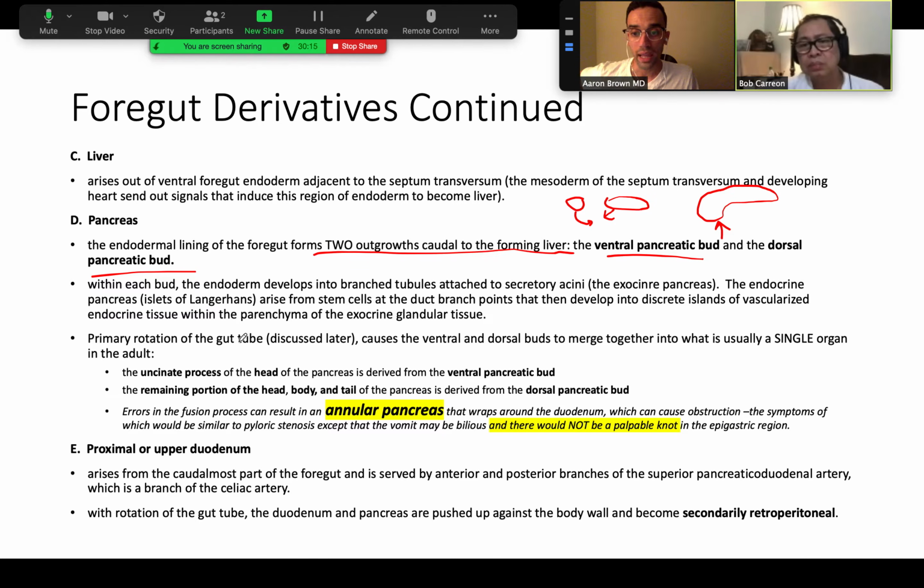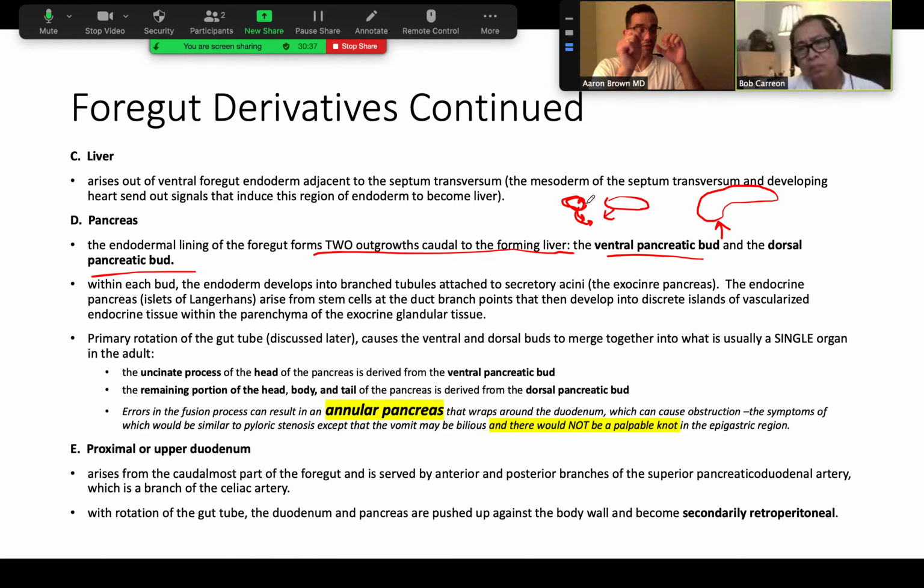Now, when that rotating is going on, there are cases where rather than this bud moving as one unit, sometimes the front of this bud will move, but the back will stay in place. Then rather than one thing rotating, you end up getting this strip of pancreas that forms around the gut tube, okay?